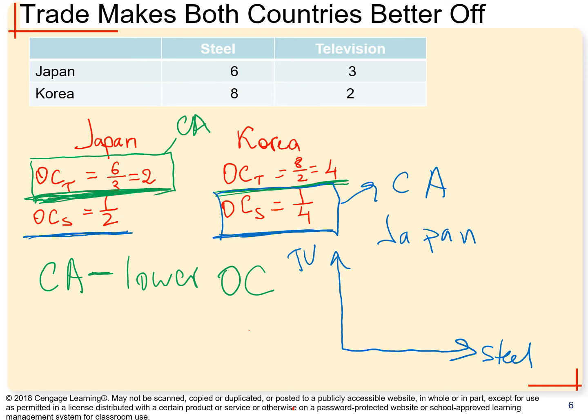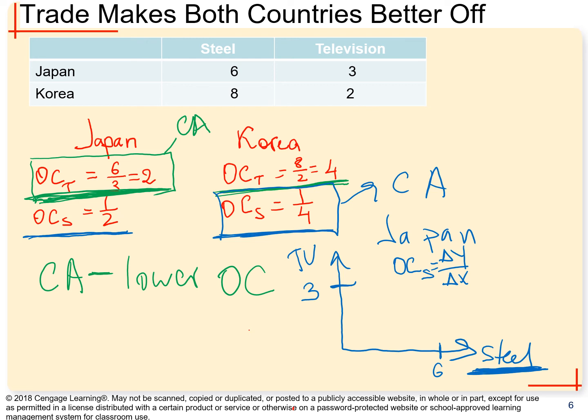So remember, in Japan we were producing, I believe, 3 TVs and 6 units of steel. So I'm going to calculate opportunity cost of what is on my X line now. On my X line right now, we have steel, because I'm using delta Y over delta X. Therefore, this is going to be the opportunity cost of whatever I put on my horizontal line.